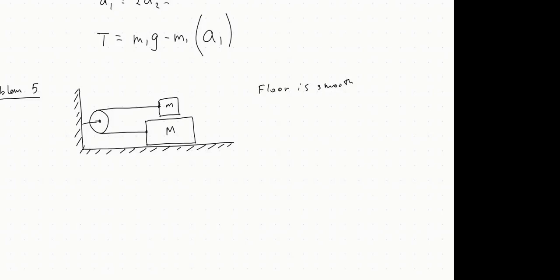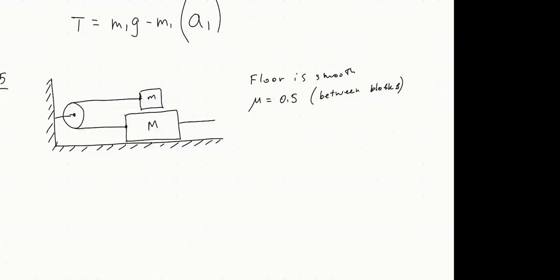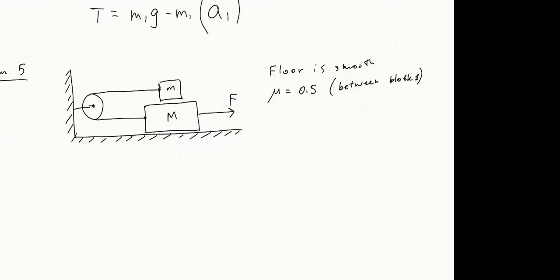The coefficient of friction between the top and the bottom block is 0.5 between blocks. And we pull the bottom block with a force F, such that the bottom block accelerates with acceleration of g/2.